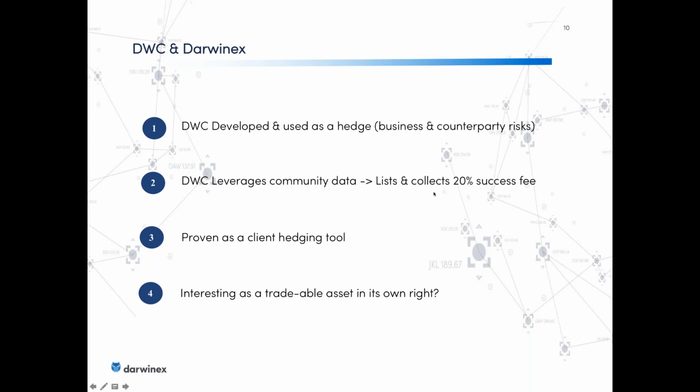And also, we feel it would be unfair if DWC did not collect a 20% success fee, because that would basically create some sort of unfair competition against all the other individual Darwins. So that's the reason why we offer DWC for everyone to use as a hedge, the way we use it. And also the reason we collect the 20% success fee and pay it out as a dividend.